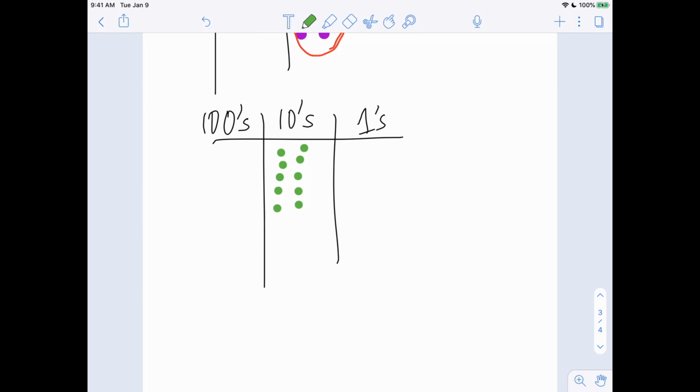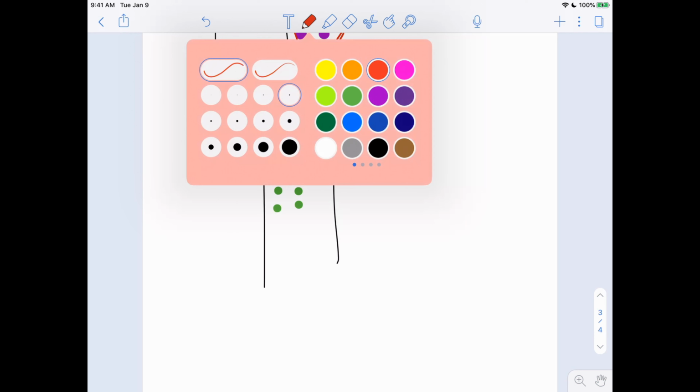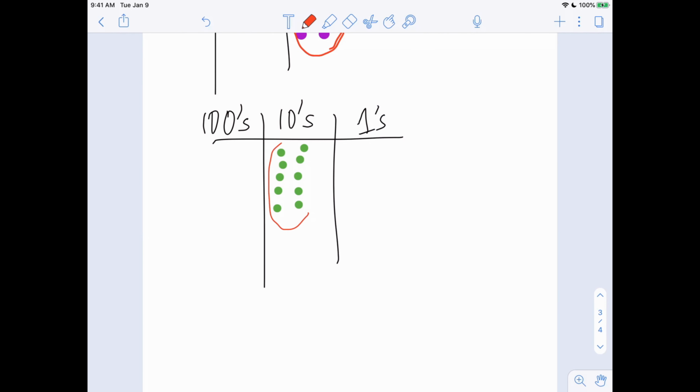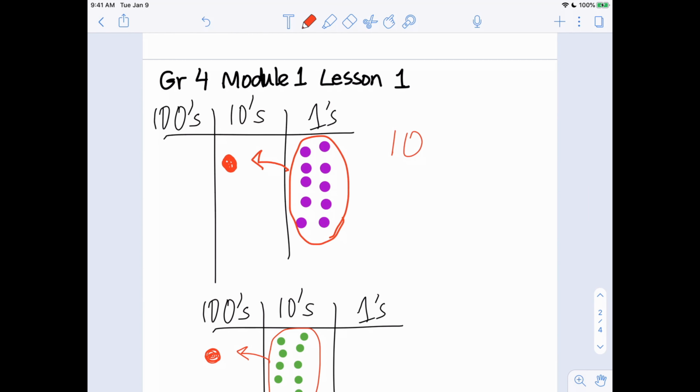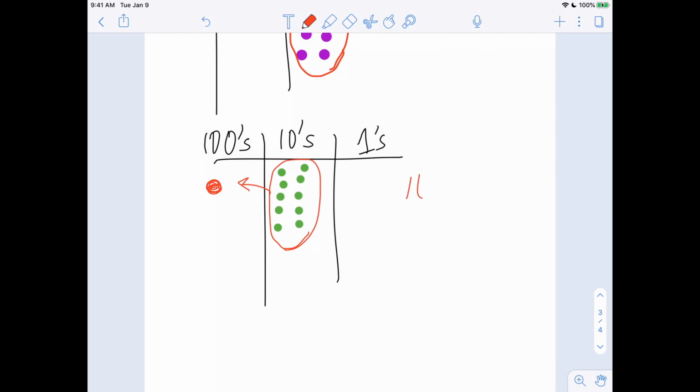When I have 10 of one kind, I can exchange those 10 tens for 100. So up here, 10 times 1 is 10. And then down here, 10 times 10, so 10 copies of 10, is equal to 100.